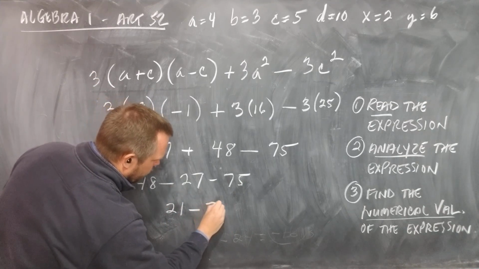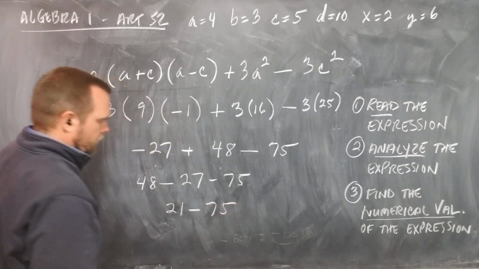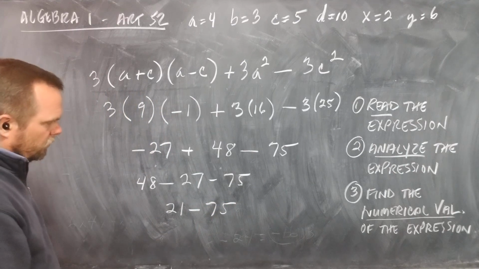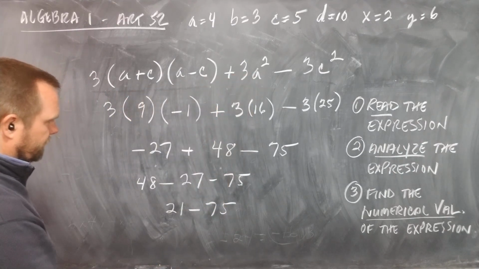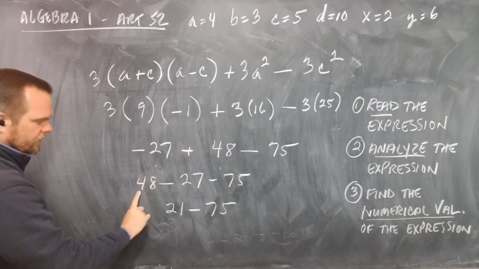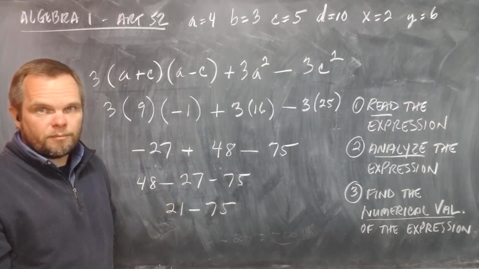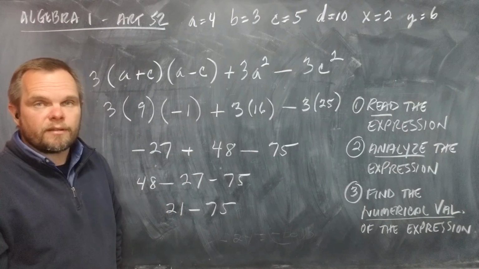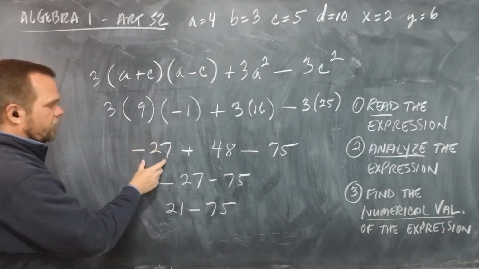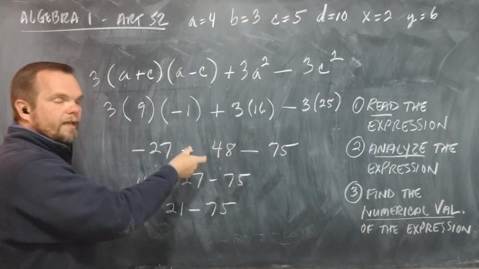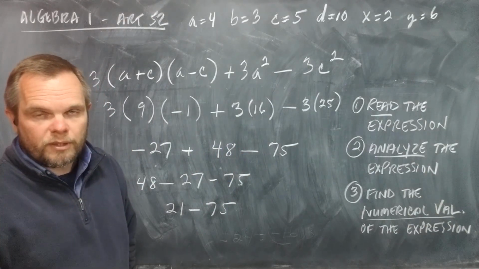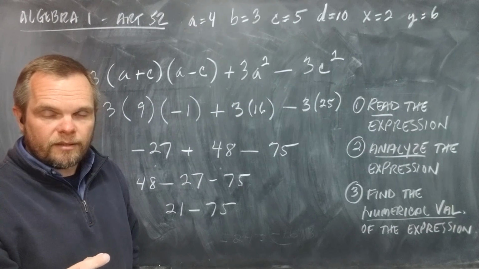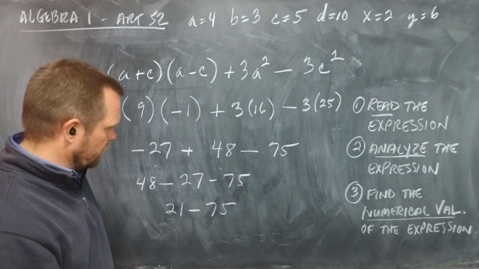And 21 minus 75 will give us the numerical value for this expression. Moving the terms around made this a little bit simpler. Okay, that's the benefit of knowing that the terms can be changed in order, and it doesn't affect the value of the expression as long as we retain the signs of each term.